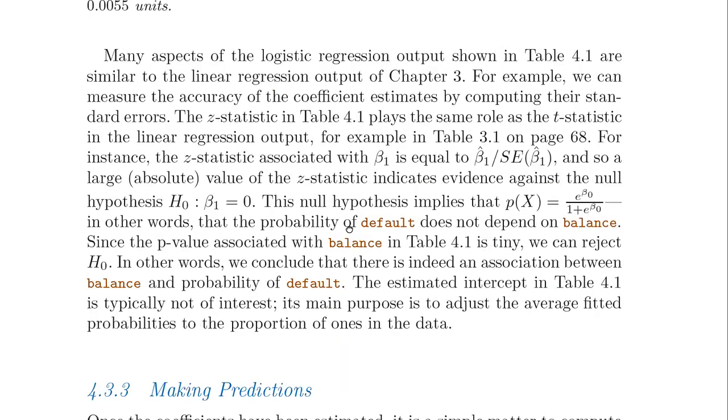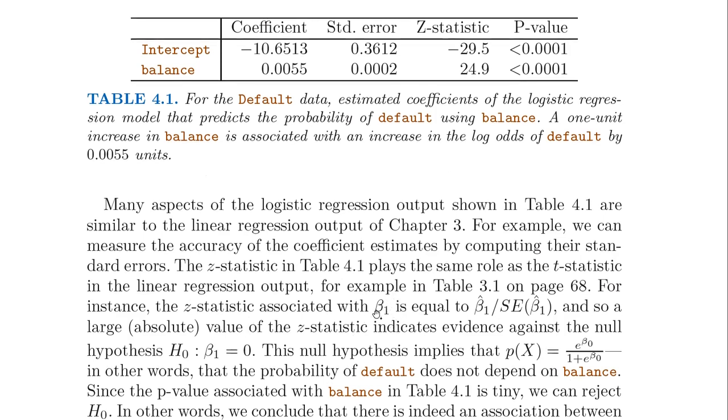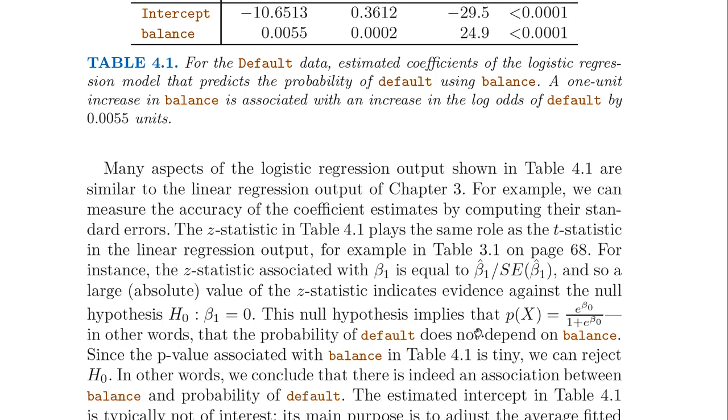The Z statistic in table 4.1 plays the same role as the T statistic in the linear regression output. For instance, the Z statistic associated with beta 1 is equal to beta 1 hat divided by the standard error of beta 1, and so a large absolute value of the Z statistic indicates evidence against the null hypothesis. The null hypothesis is beta 1 is 0. This null hypothesis would imply that the probability of default given X is just a constant.